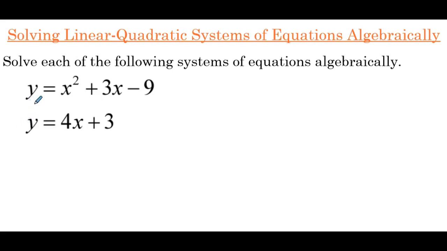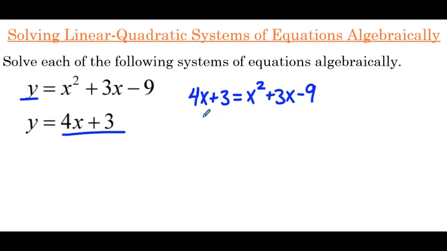Our first example, y equals x squared plus 3x minus 9, and y equals 4x plus 3. Based on how the equations are given to us, the substitution method is the easiest because we can substitute 4x plus 3 in for y. So we have 4x plus 3 equals x squared plus 3x minus 9.